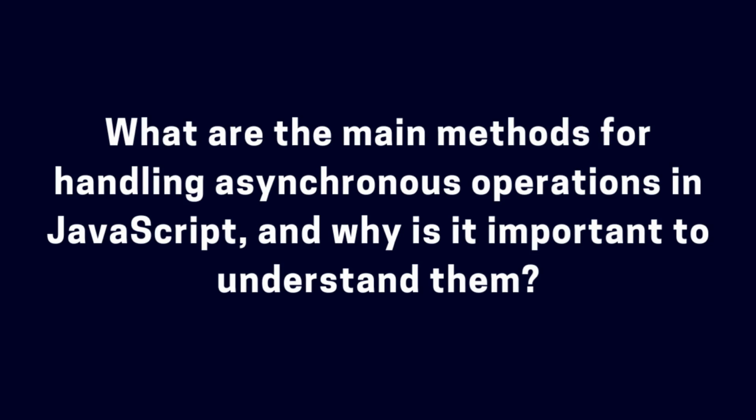Promises represent the eventual completion or failure of an asynchronous task and provide methods like .then and .catch for handling results. Async await is built on promises, allowing asynchronous code to be written in a more readable, synchronous-like style. Understanding these methods is crucial for managing tasks like database calls, ensuring efficient and correct code execution.